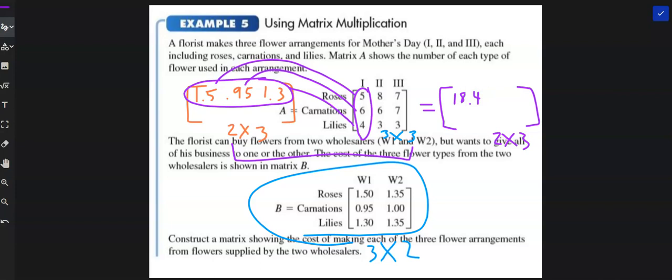Okay, then obviously I'm going to take that and go to the next column and find the next value, and then the next column and find the next value. And once I'm done with that, I'll go down to the next row, which obviously is the $1.35, the $1, and another $1.35. And I will repeat the process with each column so that I can identify the bottom row values, and then I can make my decision on the wholesaler.